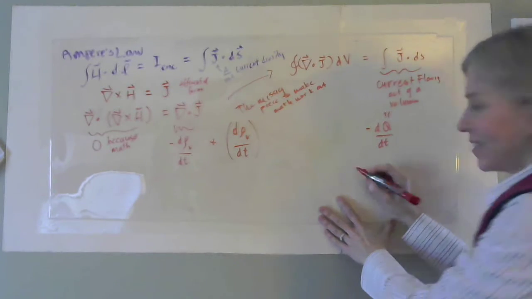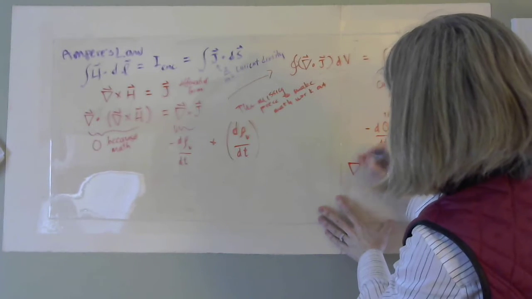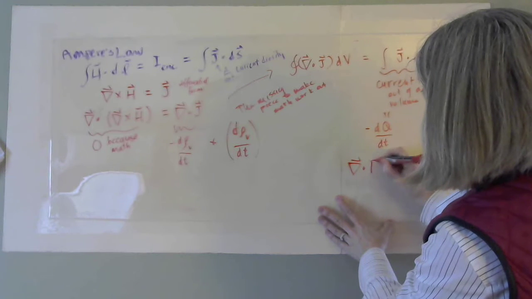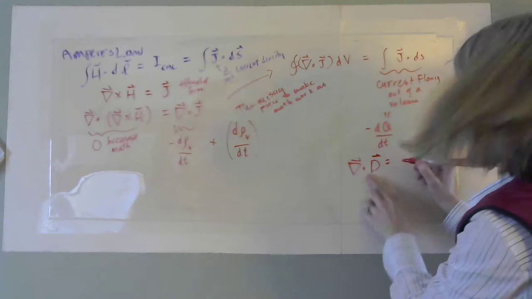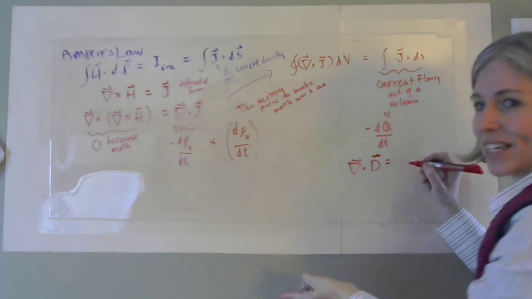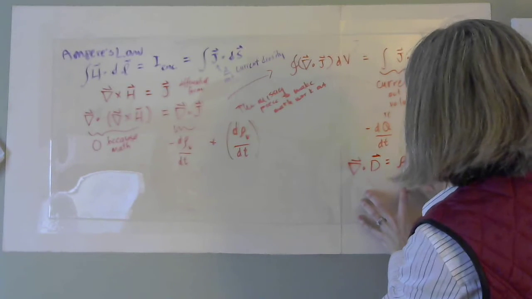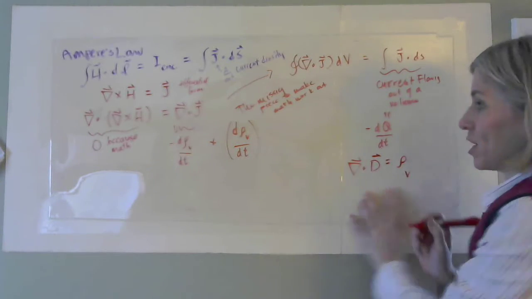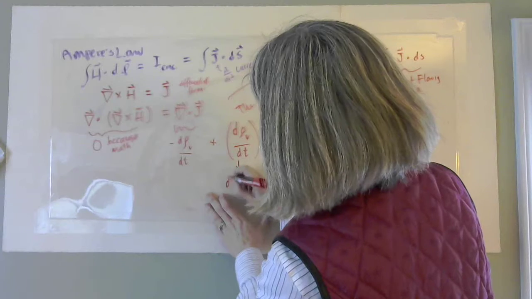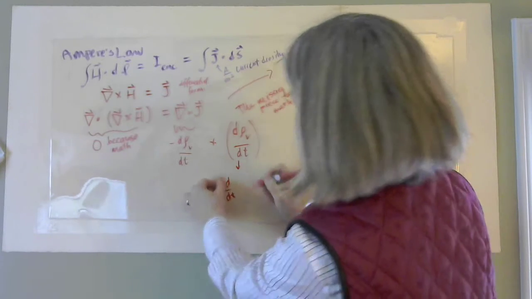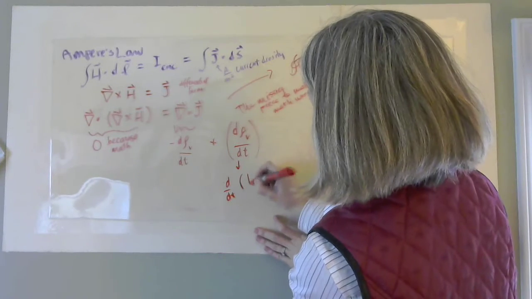Gauss's law in differential form is divergence of D is charge density. Okay, so we can work that in. d dt of divergence of D.